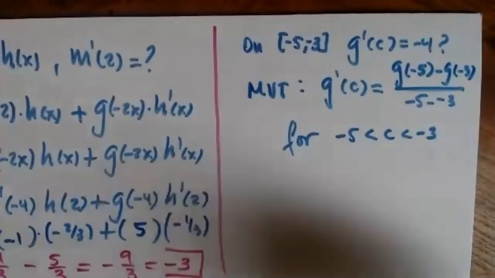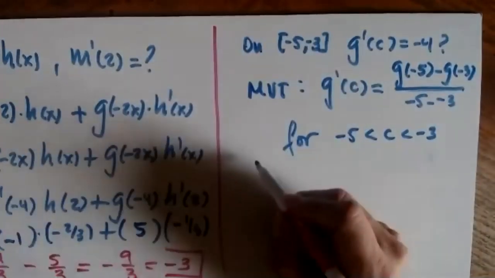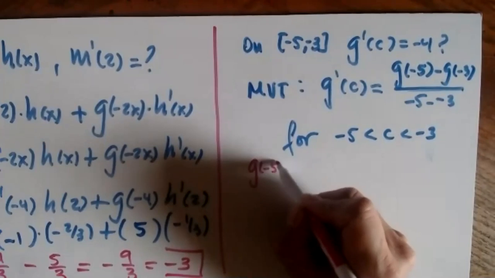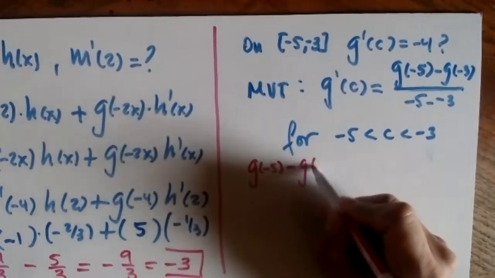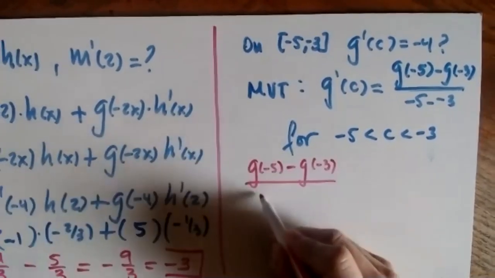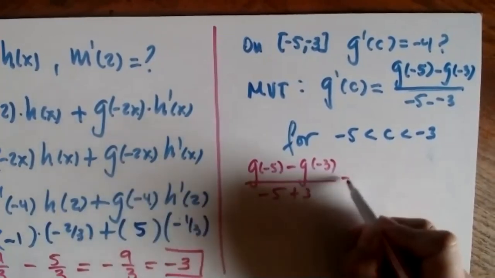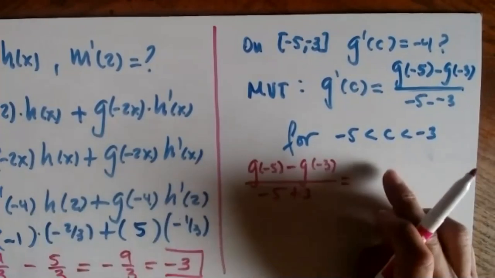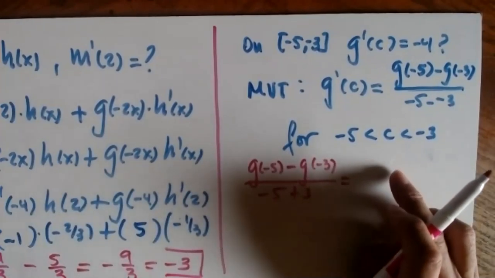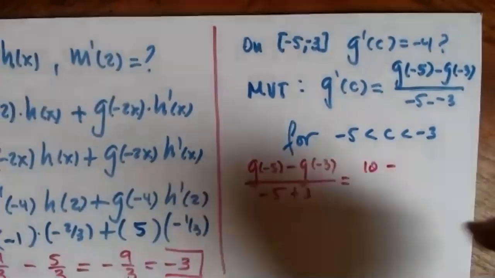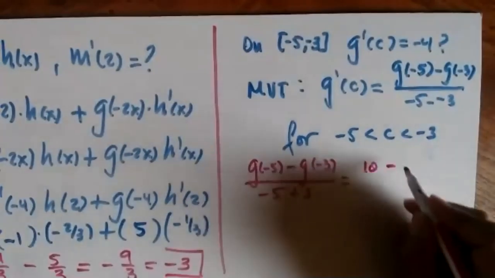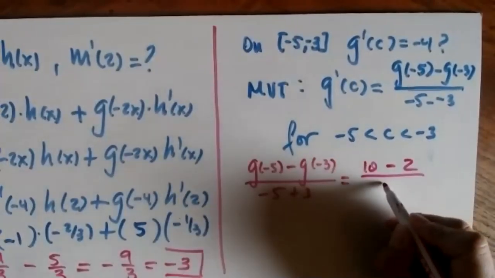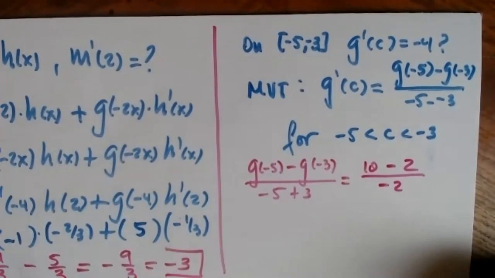So that's algebra 1. So g of negative 5 minus g of negative 3 over negative 5 plus 3 is going to be, well, on the table we find that g of negative 5 is 10, g of negative 3 is 2, over negative 2, correct?